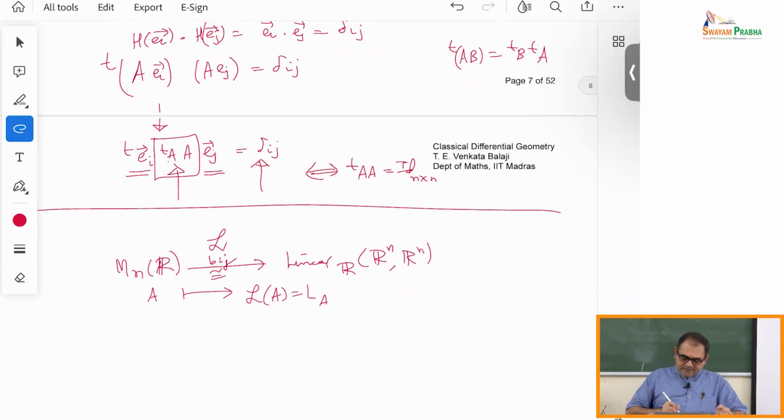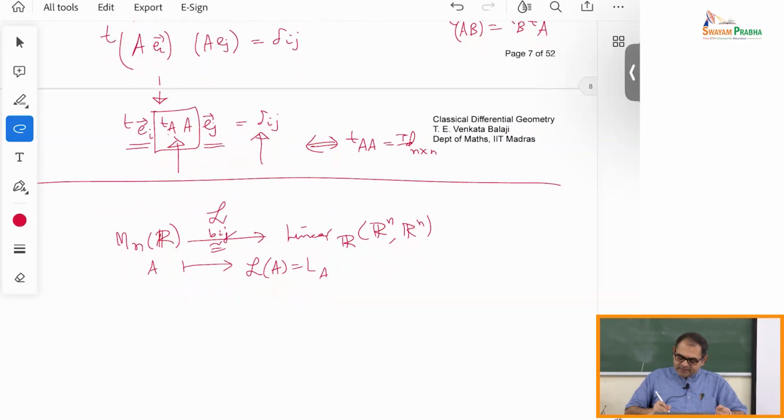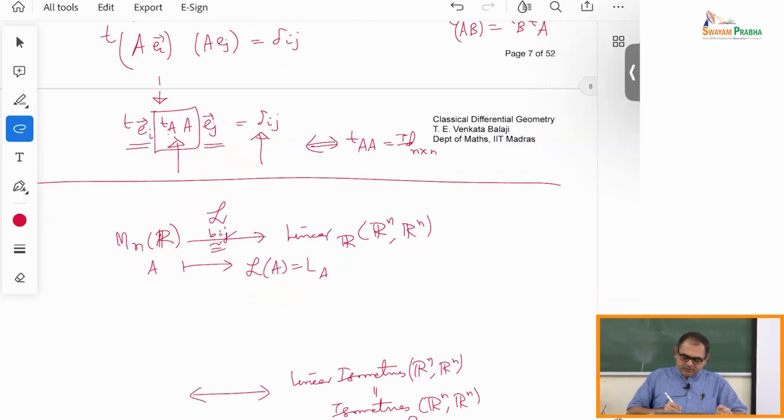The fact is that here there are the linear isometries from Rn to Rn, which are the same as isometries from Rn to Rn that fix 0. And under this map, this corresponds to the orthogonal group. That's what we have proved.